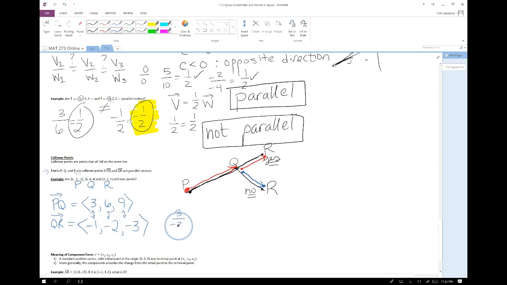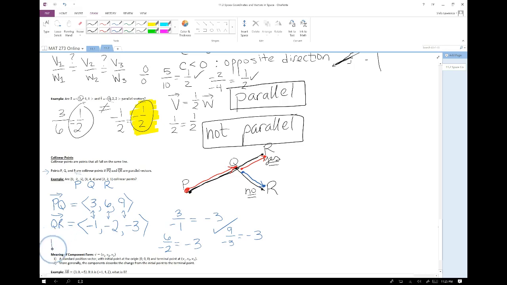So 3 over -1 is -3. 6 over -2 is -3. So far, so good. 9 over -3 is -3. Yep, all of the ratios between these components match up.